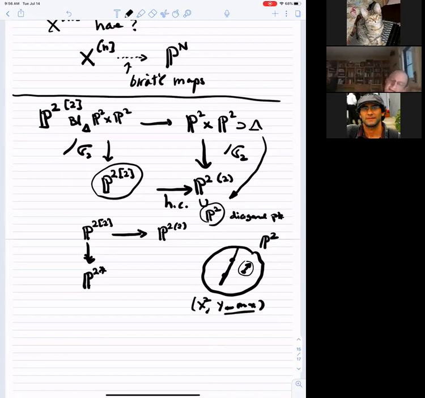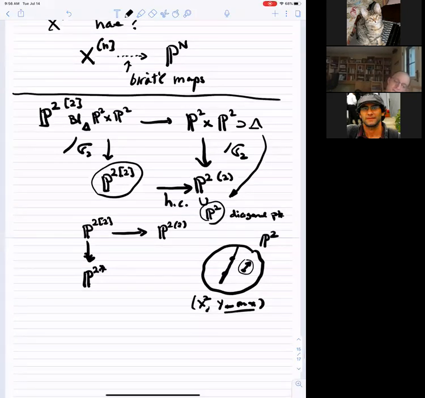So you see that the kind of game that we want to play is we want to understand maps from the Hilbert scheme into various other spaces that will help us understand the topology of this. So for instance, in this case, I can view the Hilbert scheme of 2 points in P2 either as a P2 bundle over P2 dual, right?